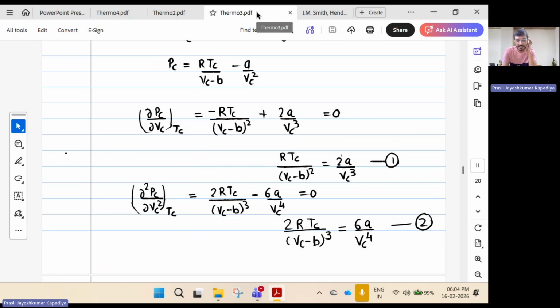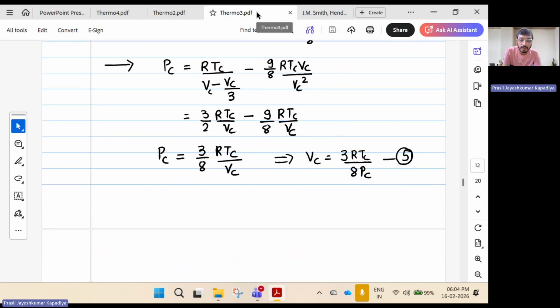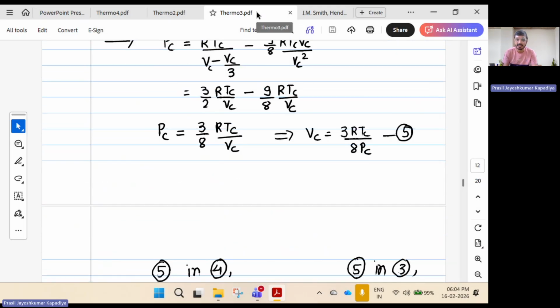Those kinds of equations of state we studied in the last class, and we found that ideal gas molecules don't interact with each other, and the volume occupied by the molecules is negligible compared to the system volume. These were the two assumptions for ideal gas.